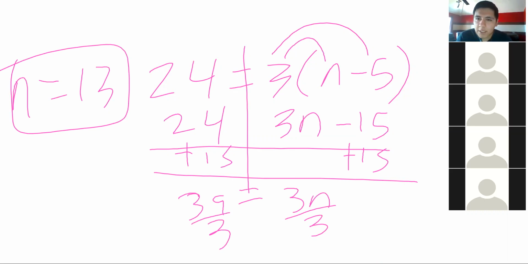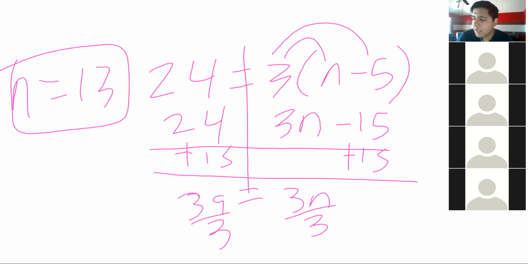What is different in two-step equations as opposed to one-step equations? There's just more steps too. Yeah, there's really more steps to it.